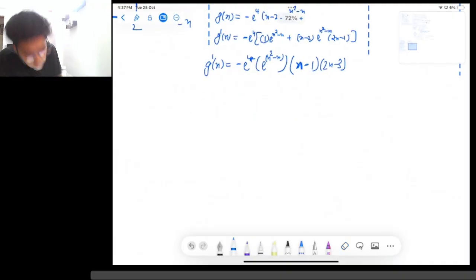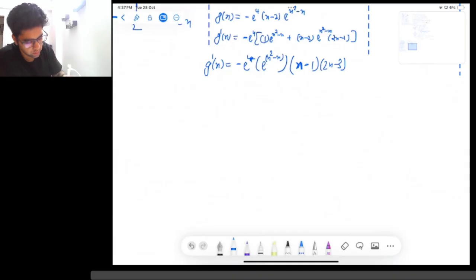So what I was doing earlier was finding the critical points. For critical points, I need to find all of those points where my function is not defined, or where my first derivative becomes 0, or my first derivative is not defined. Those points are known as critical points.